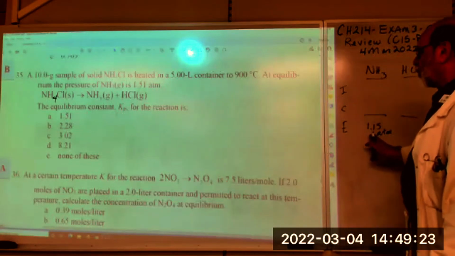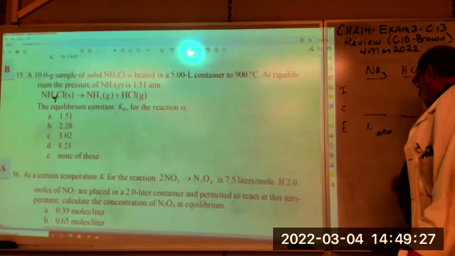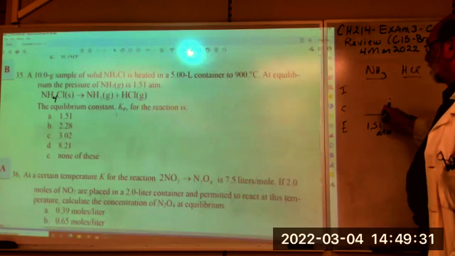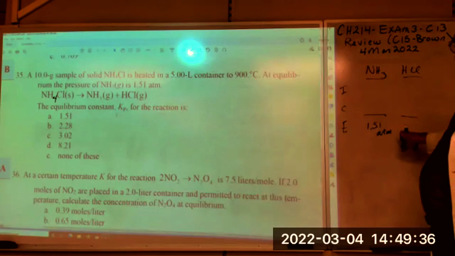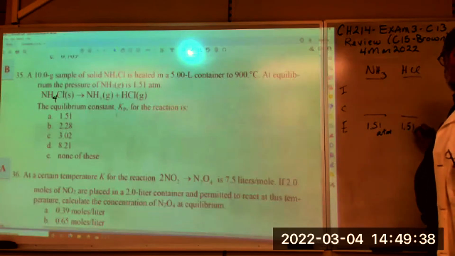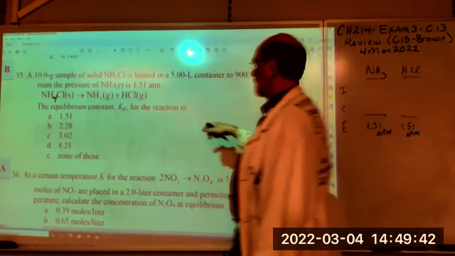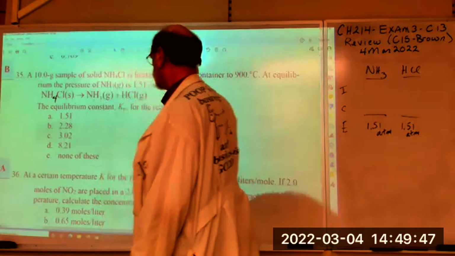So if it's 1.51 atmospheres for this one, oh, excuse me, dyslexic, then it's going to be exactly equal for this one, right? Because they're 1 to 1. If you can claim that pressure for this one, it has to be the same for that one.